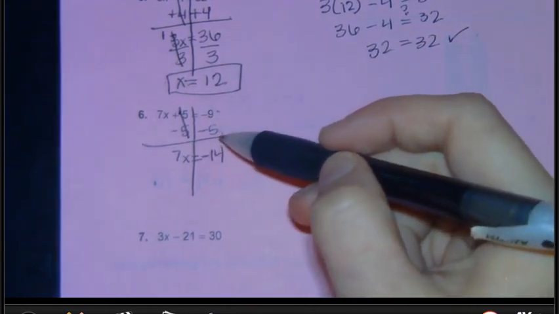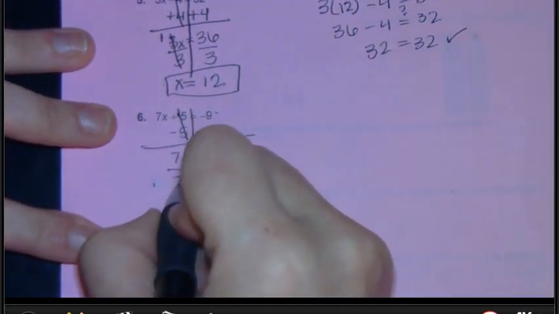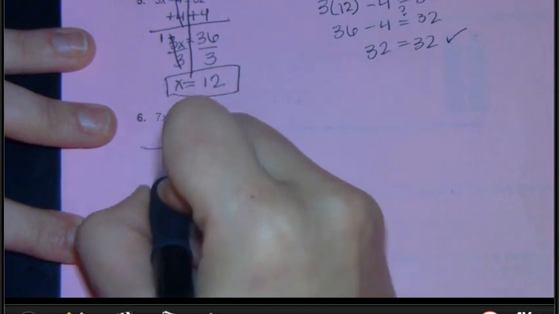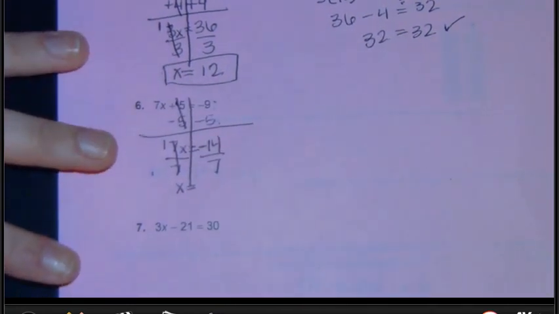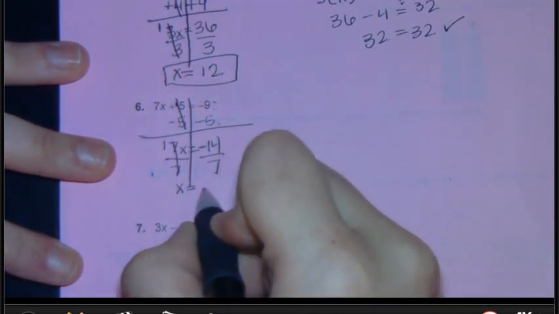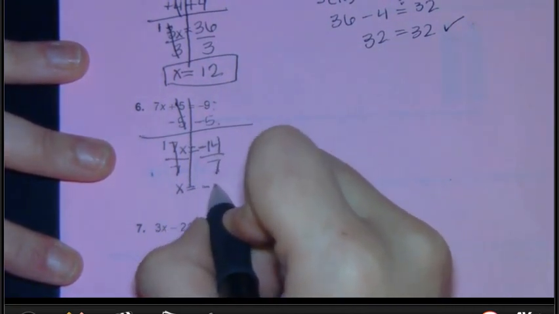So I have 2 of the same sign, so I'm going to add them and it's still going to be negative. I'm going to divide by 7 on both sides. I'm left with 1 x. A negative divided by a positive is a negative, and 14 divided by 7 is 2.